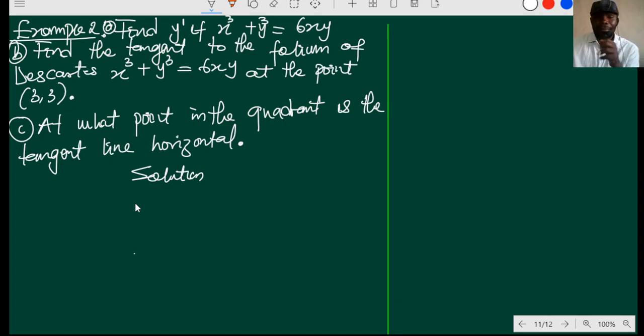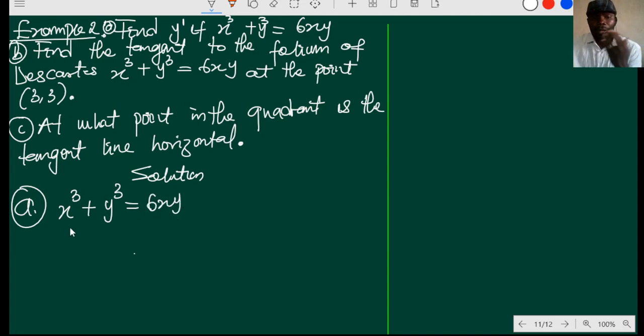So let's start by firstly solving the derivative. Let's solve part A. You have x cubed plus y cubed is equal to 6xy. Let's differentiate this to give you 3x squared, as you know.